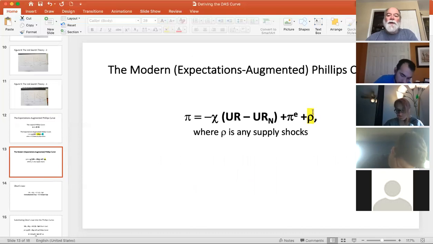We're adding rho, the Greek letter rho, which is any supply shocks that are occurring. Rho is defined so that negative supply shocks have a positive value of rho. So negative supply shocks like the oil crisis will raise the inflation rate.